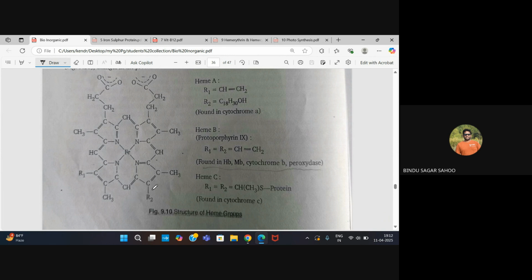Here also the CH2, CH2 group is present. I can say this is Heme B. Here there is a little missing part: CH2, CH2, there will be COOH. Then this will be Heme B.